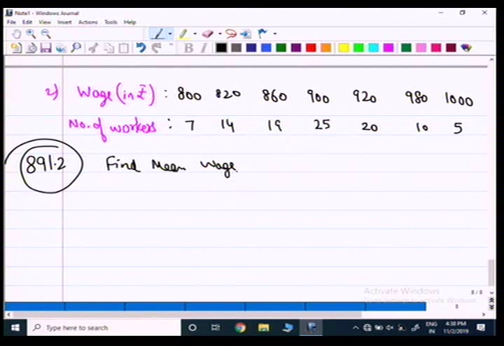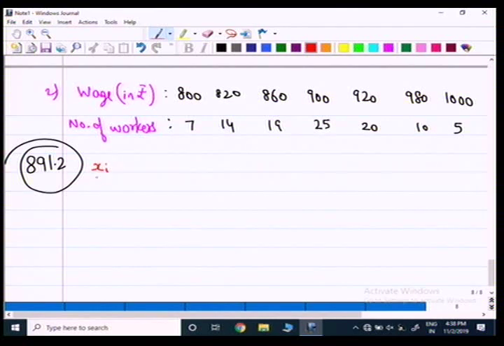If you take 900, then you should get the correct answer. Okay, let me solve. Maybe some calculation error you are making, because although you can take any value as your assumed mean, you will still get the same answer.